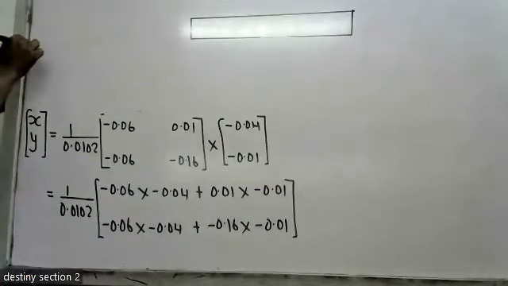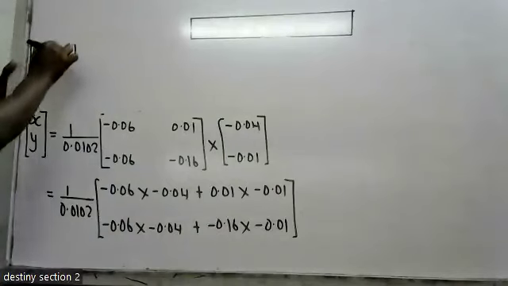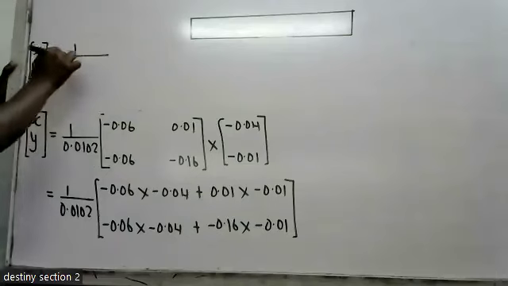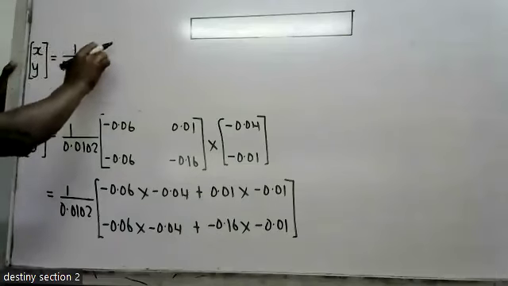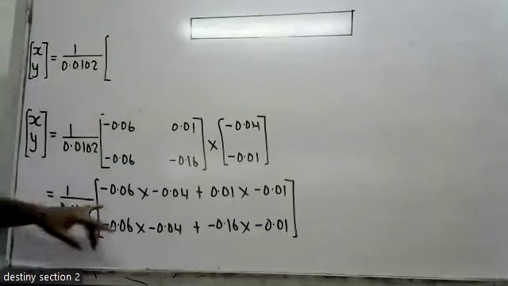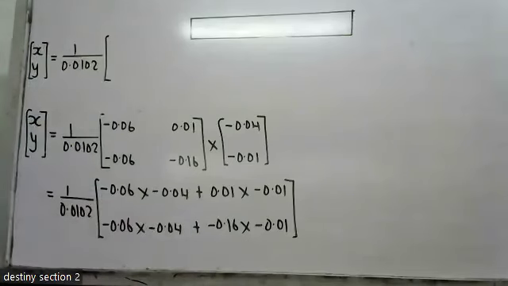So this proceeds to become x, y is equal to 1 out of 0.0102. When you take your calc, you put these figures in the calc, minus 0.06 times minus 0.04 plus 0.01 times minus 0.01.